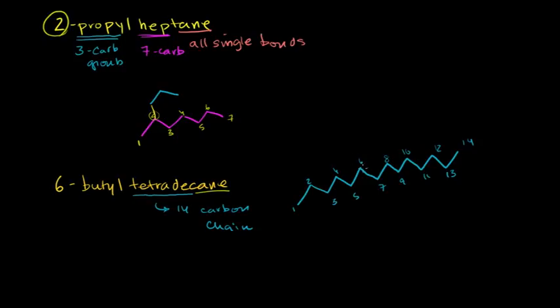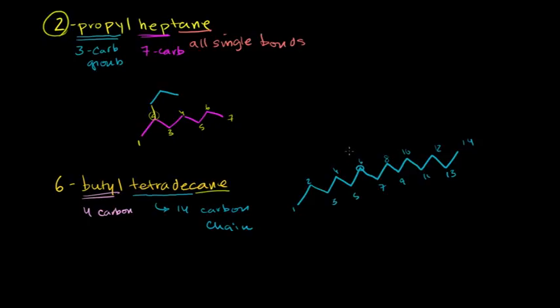The sixth carbon is right here. And butyl, you should memorize this: methyl is 1, ethyl is 2, propyl is 3, butyl is 4. So we have a 4 carbon group. Let me write this in pink maybe. It's actually called an alkyl group, attached to something else. So on the 6th carbon, we have a 4 carbon group.